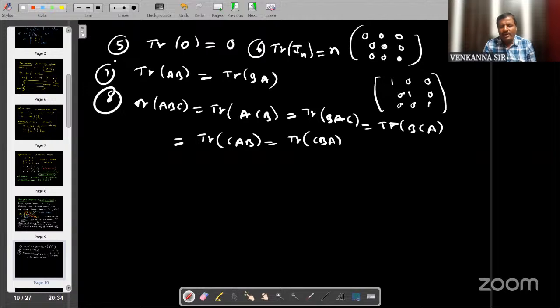These all 8 properties are very, very important. Whenever we say properties, you may expect straight questions from the properties. So that is about the trace of the matrix.